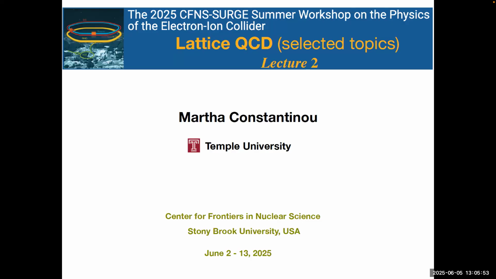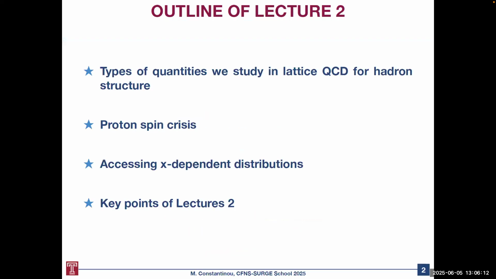Okay, so I came in having one plan for lecture 2, and I had to change things up because we had some discussions. People showed some interest in some modern things about lattice. So I will present some combination and compilation of different things. But three things I want to emphasize today is what kind of matrix elements do we calculate on the lattice.